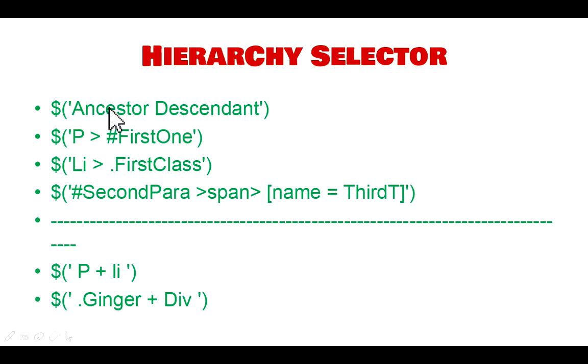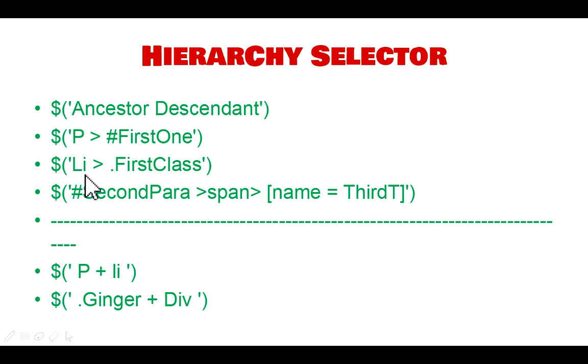The ancestor and descendant. First, I'm going to explain this. Here select the paragraph, go inside and see is there any attribute ID is first one.